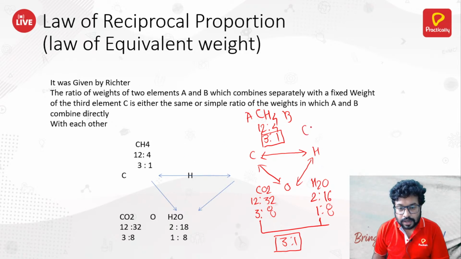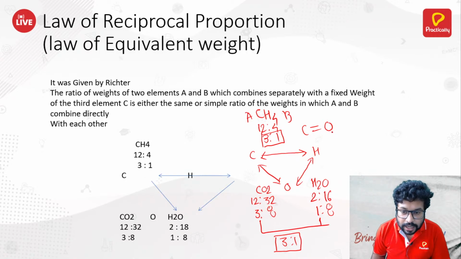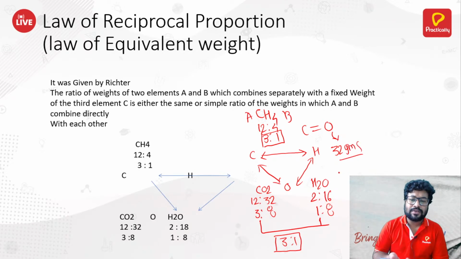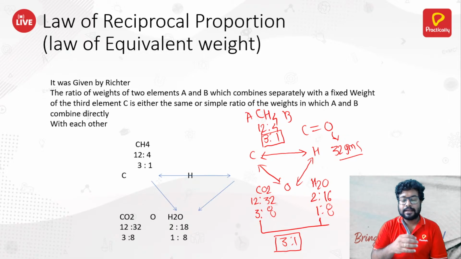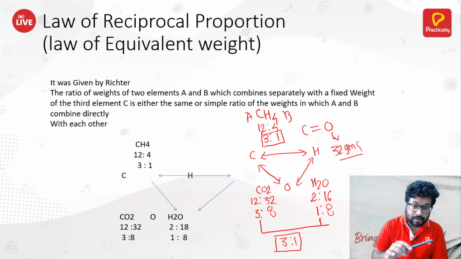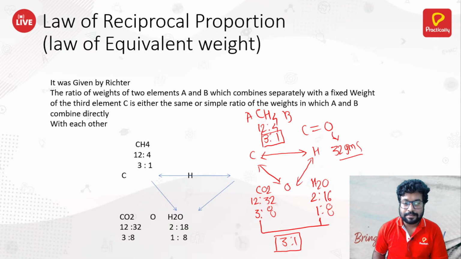C is your third element, that is oxygen here. And what is the fixed mass of oxygen here? It is 32 grams. Okay, you can take 32, you can take 16 grams, whatever. Here hydrogen is single, that's why two hydrogens. The fixed mass or weight of the third element C is either the same or a simple ratio. So that simple ratio is the same.